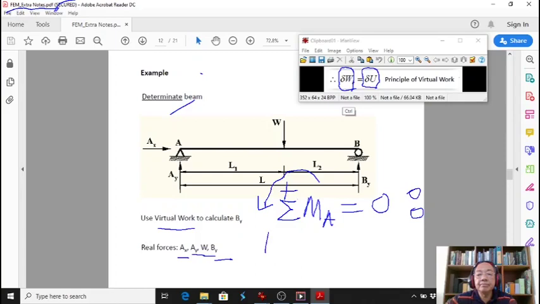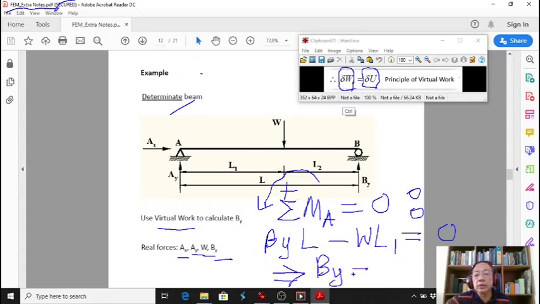So BY times L positive minus W times L1 equals 0. From here we get BY equal to W L1 per L.